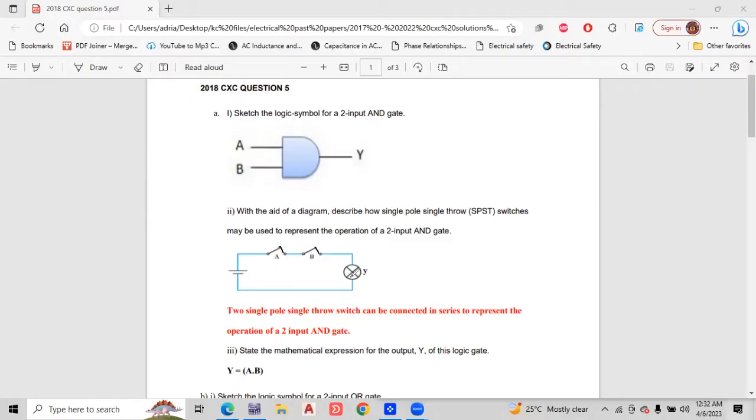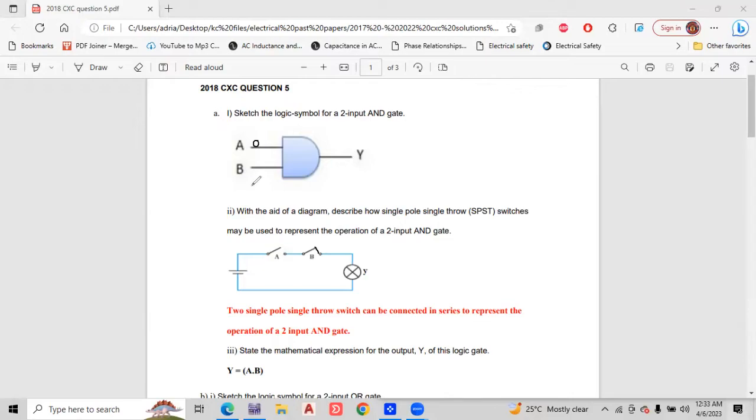Because if we're multiplying both A and B in terms of input, if we were to have 0 going in at A, that means that A would be open.